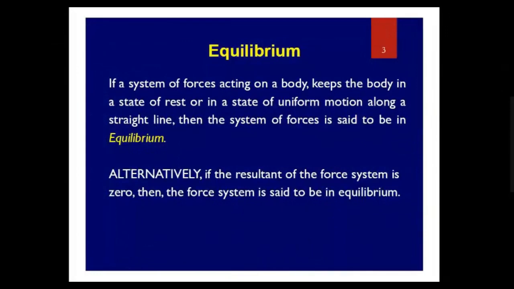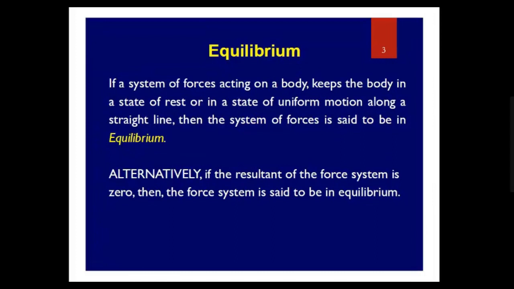So what is equilibrium of a body? If a system of forces acting on a body keeps the body in a state of rest or in a state of uniform motion along a straight line, then that system of forces is said to be in equilibrium. Alternatively, mathematically, we can say that if the resultant of all the forces acting on a body is zero, so if the sum of forces acting on a body is zero, then that force system is said to be in equilibrium.